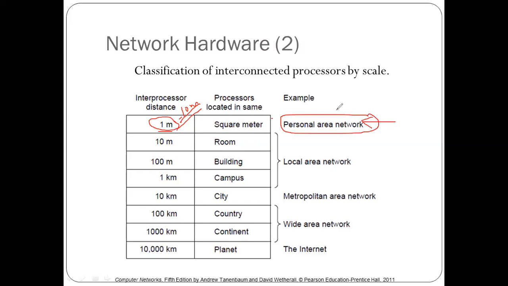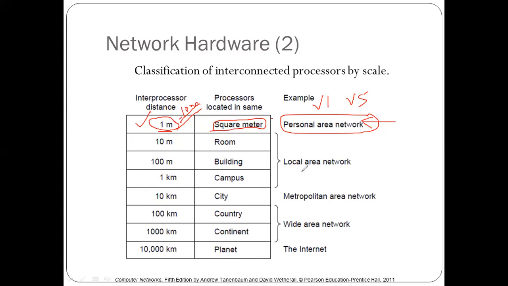Previously Bluetooth version 1 was limited to a single room only, up to some square meters. That's why it is written up to 1 meter. Now you can find that version 5 Bluetooth can reach from one room to another room also, and it can cover a higher range as compared to the previous one, right?